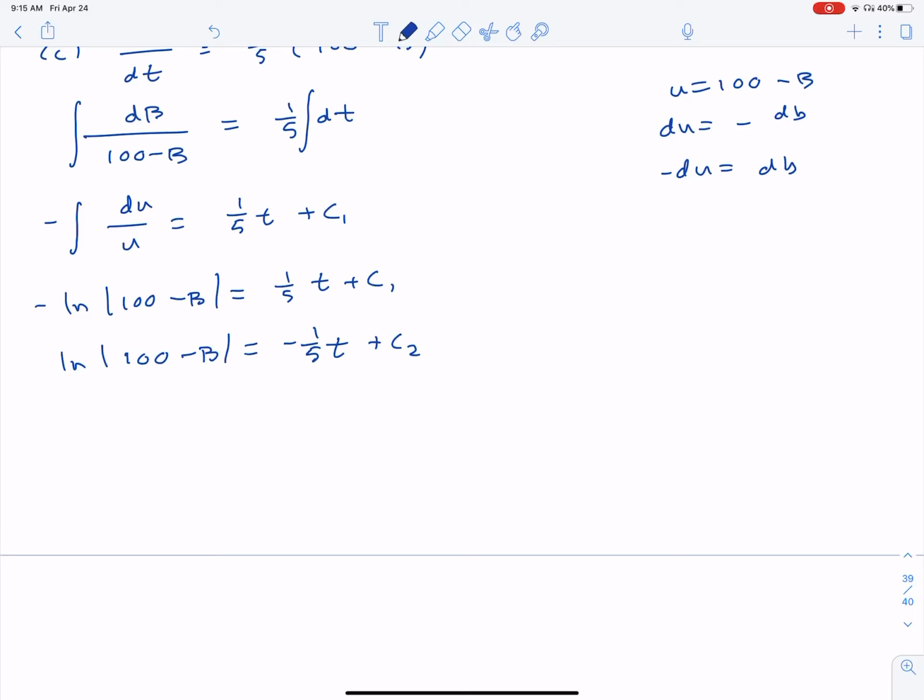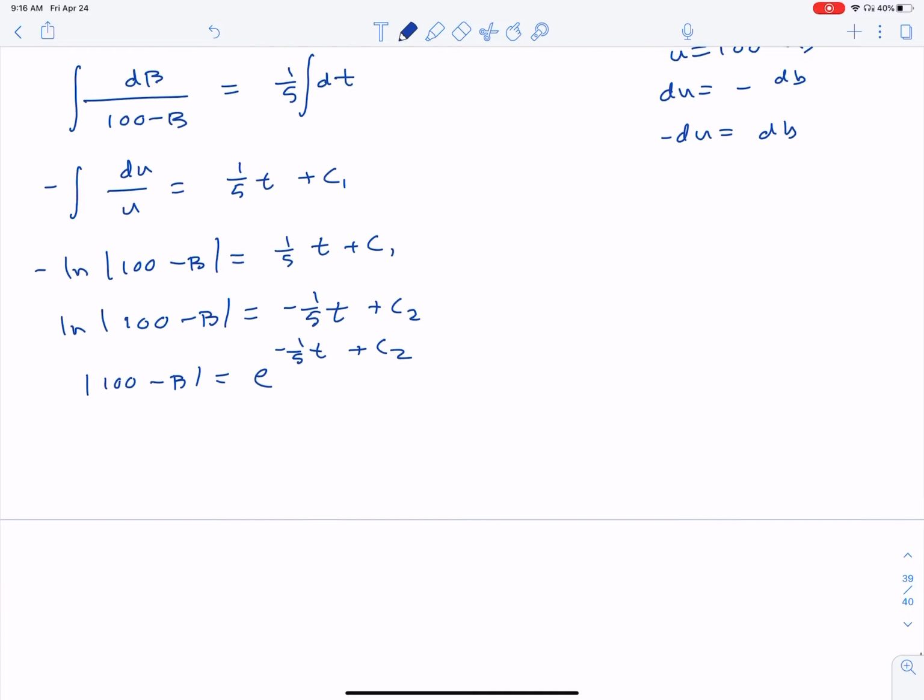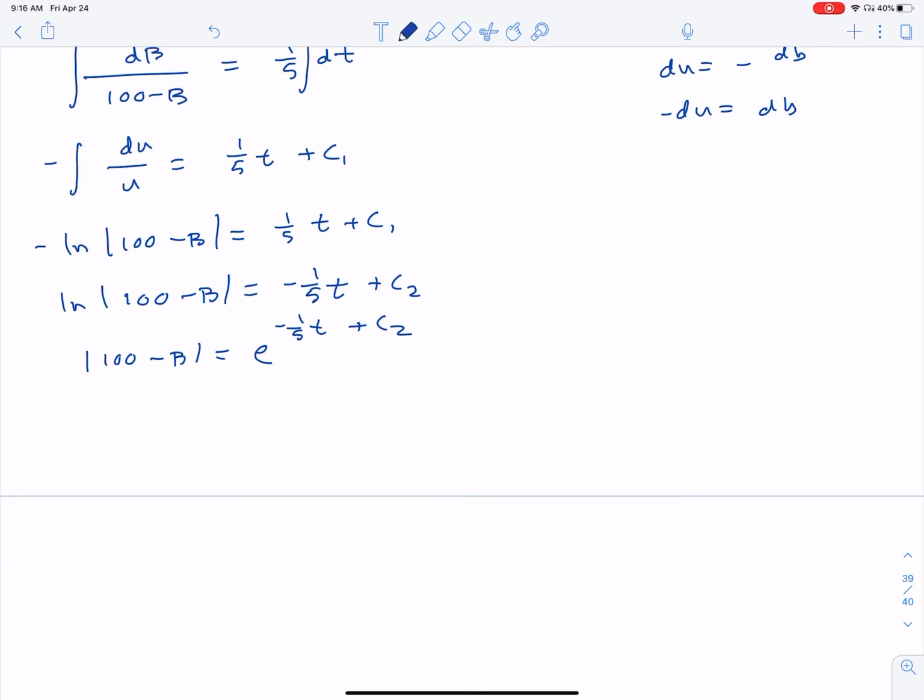Now I want to get rid of the natural log. So I'm going to get the absolute value of 100 minus b equals e to the negative 1/5 t plus some c. Doing our exponent rules, I get absolute value of 100 minus b equals e to the negative 1/5 t times e to the c2.